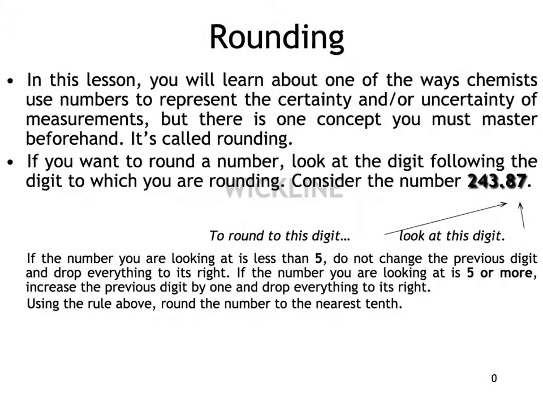That's this digit. So the 8 is going to be rounded according to the 7. I'm going to write 243.9, and that would be my answer to that question, because the 7 is above 5, so that means that this 8 gets rounded up.